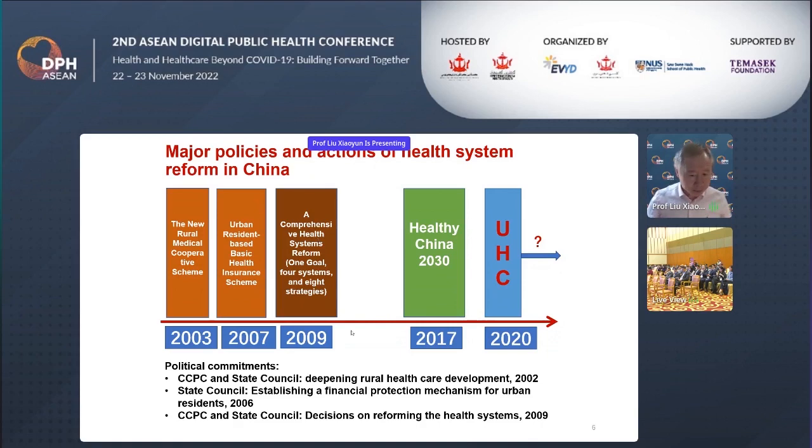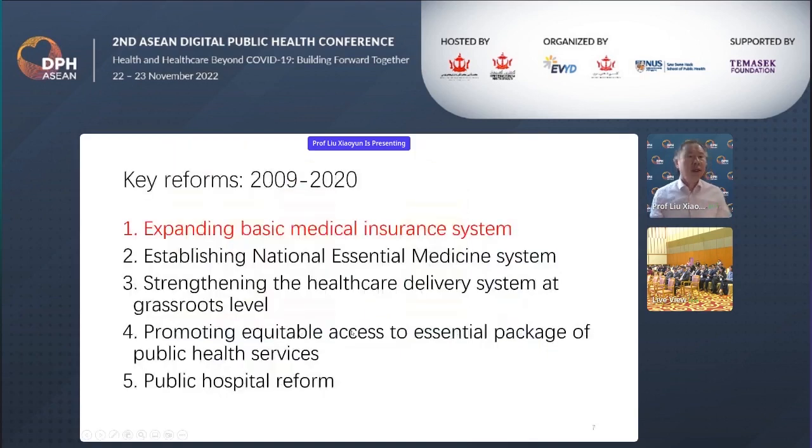So the reforms starting from 2009 have some key components. These five are the key reform interventions. The first one is expanding the medical insurance, health insurance system. Second is developing the national essential medicine system.